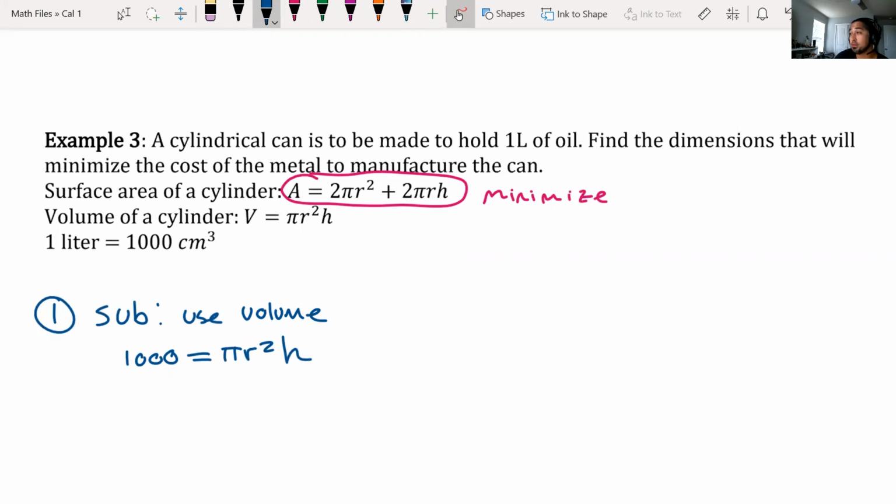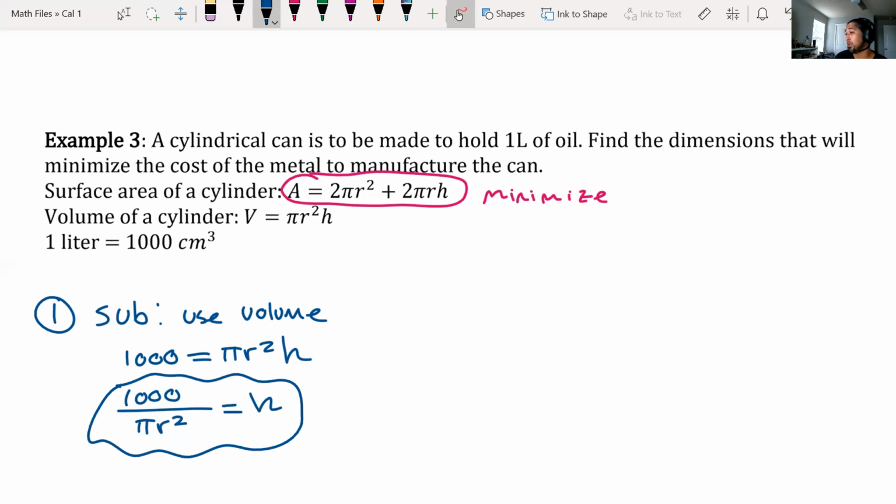Okay, and now simply enough, solve this equation for H. You'll get 1,000 over pi r squared equal to H. There's our sub, and that's going in for that H value above.